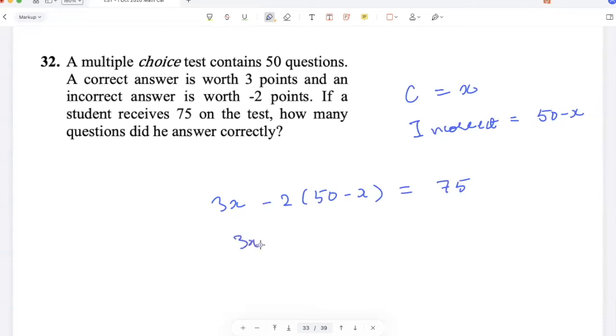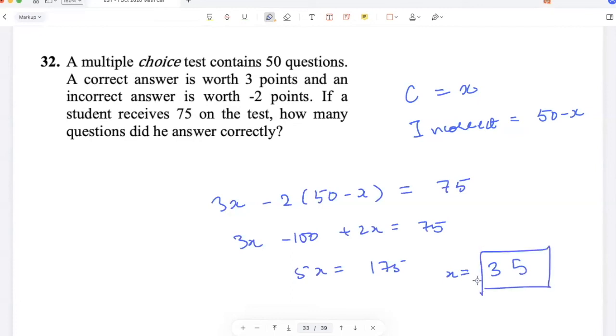So 3X minus 100 plus 2X is 75. So 5X is 175. So X is 35. He gets 35 questions correct out of 50.